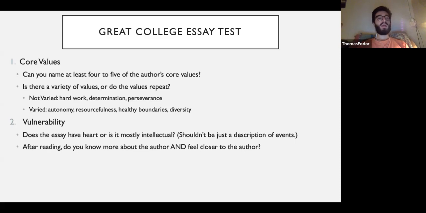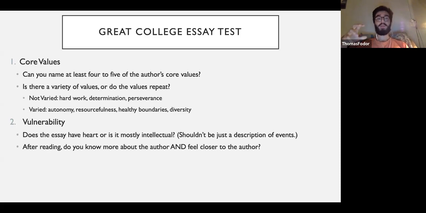And so if I were to look back at my college essays, I think I did a fine job in this, but I think there could have been more vulnerability that was conveyed in my essays. And because oftentimes we do get into the trap of simply having it an intellectual side, which is simply making it a description of events, but not giving your internal process of digesting the events that are occurring, which is going to be crucial in the so what section. But we'll get to that here in a second.